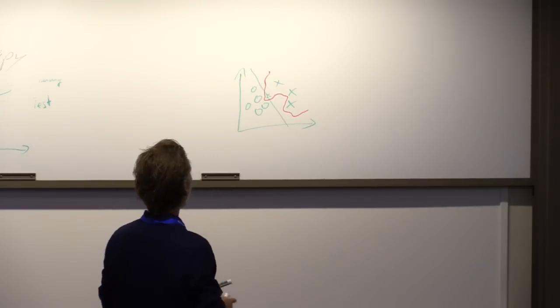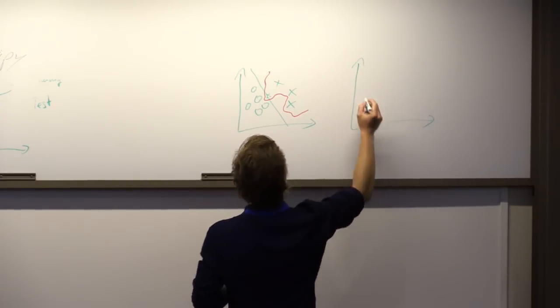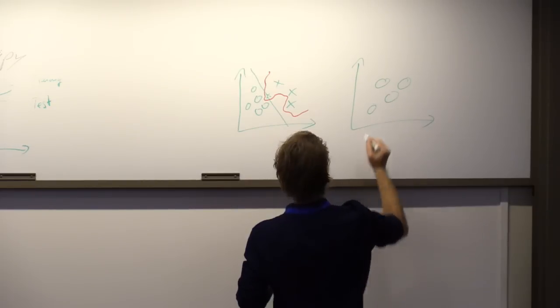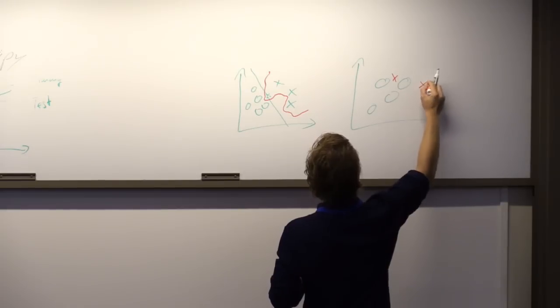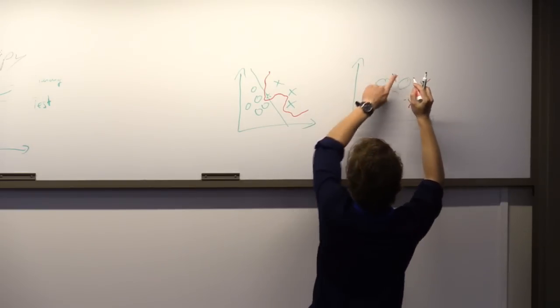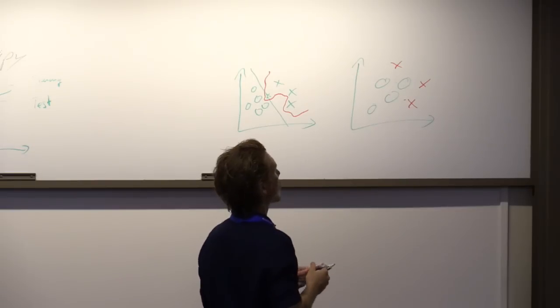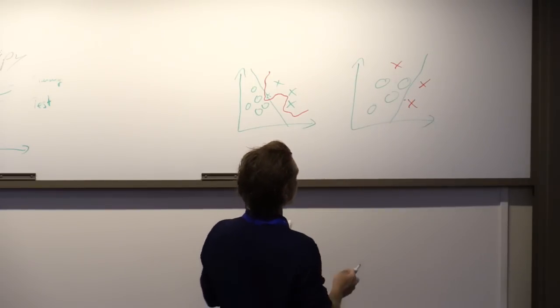For example, if we have something like maybe here, a linear model, I would say, wouldn't work so well if we do something like a straight line here.